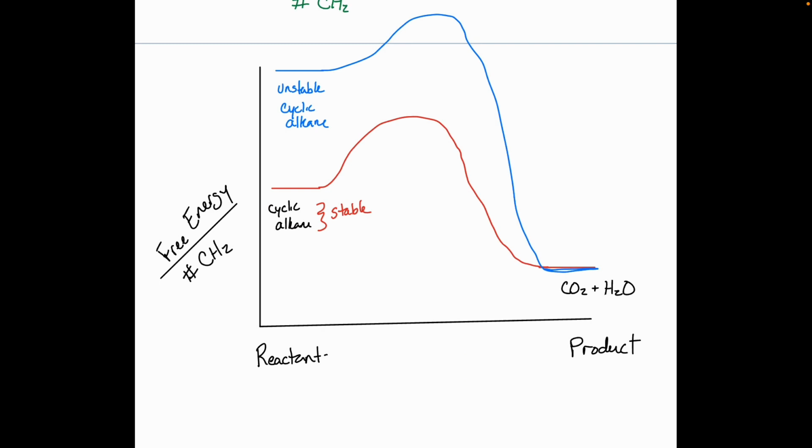So the bottom line is if I start out with an alkane that's nice and stable, I'm going to release a small amount of energy. Whereas if I start out with an alkane that's unstable, so it's sitting up here at a higher energy level, it's going to release more energy, right? So I'm going to get a large amount of energy released.